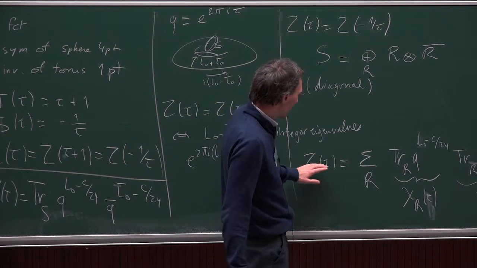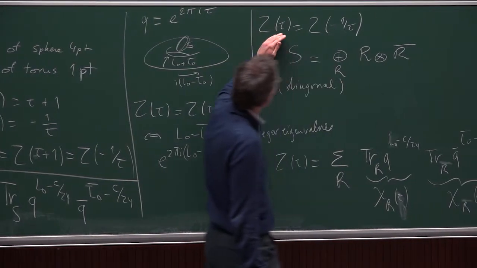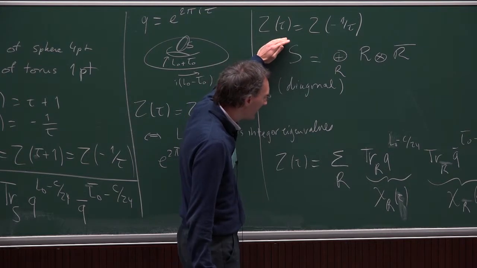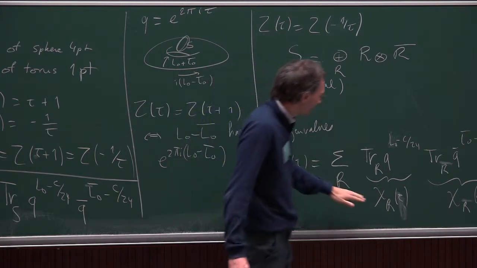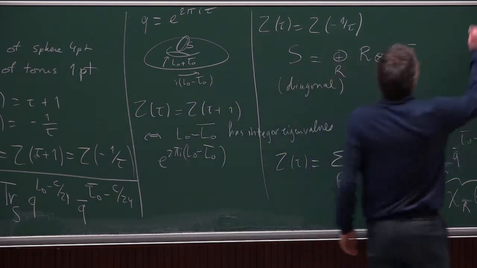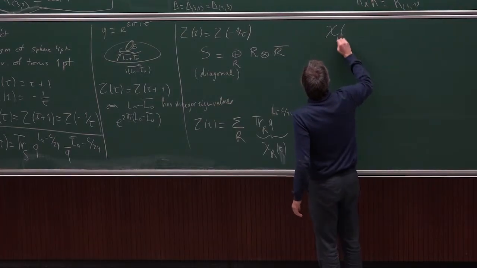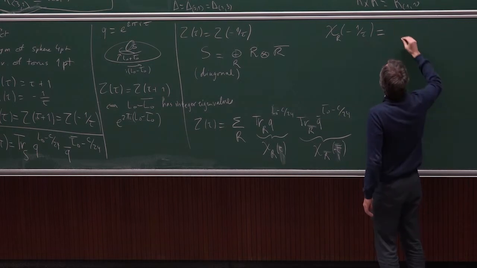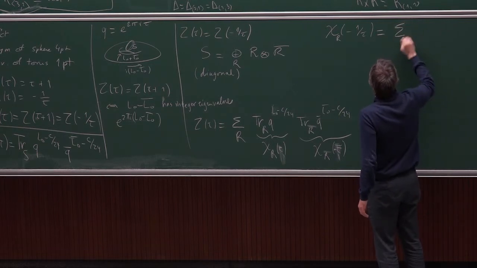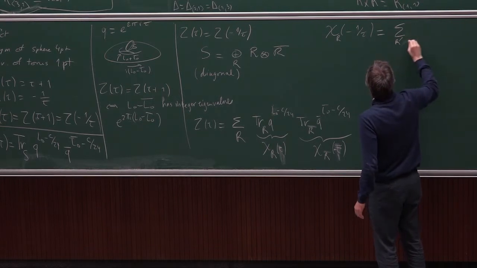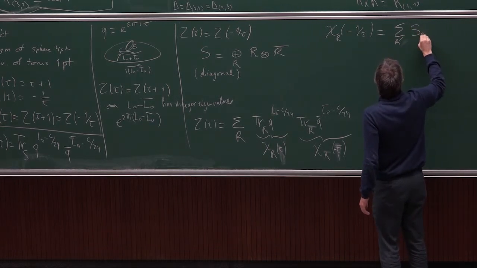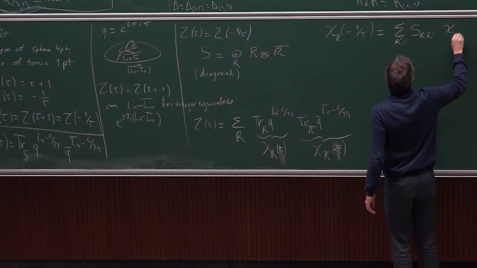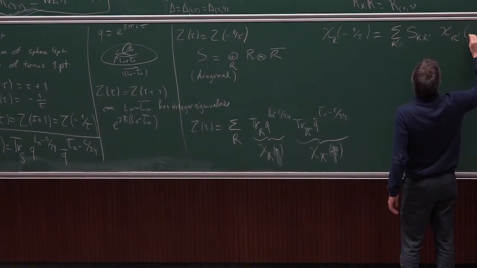So if I want this equation, modular invariance, to be satisfied, the modular transformations of characters need to be linear combinations of characters. So I need to have a relation of the type chi R of minus 1 over tau equals sum over R prime of S R R prime chi R prime of tau.